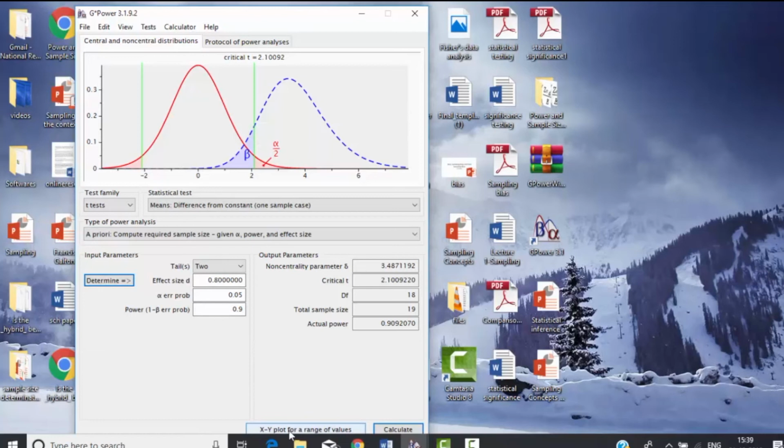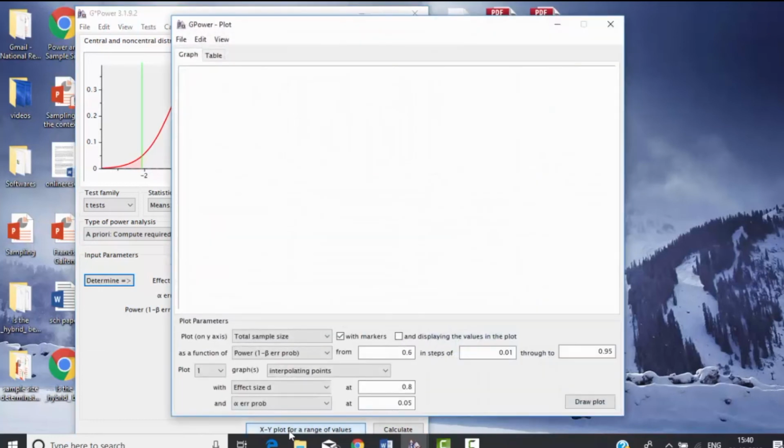Now, we will do an X-Y plot for a range of values. Now, plot on the y-axis the total sample size. Therefore, on this axis, we will plot the total sample size with markers and display the values in the plot.